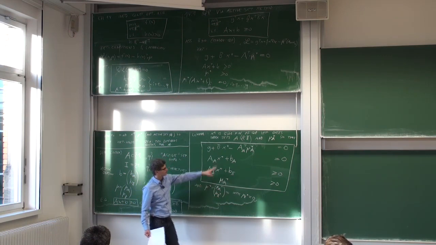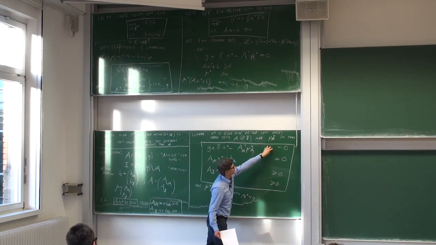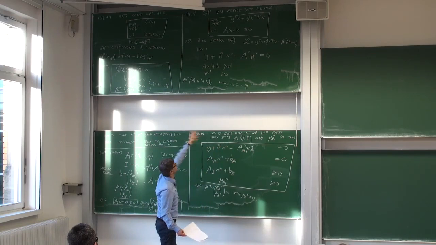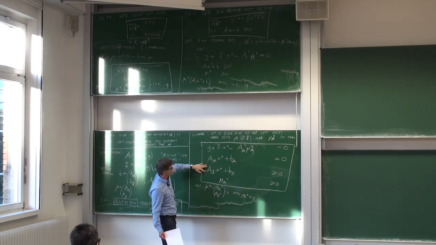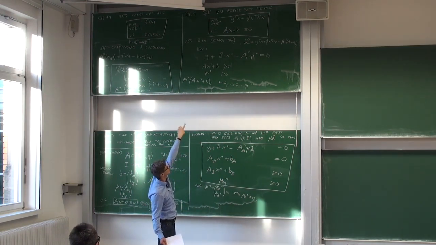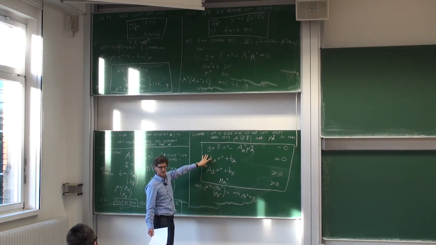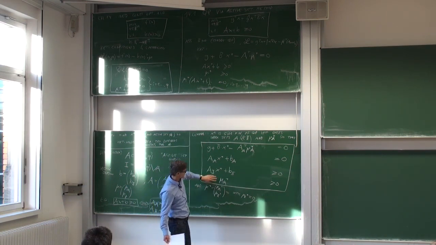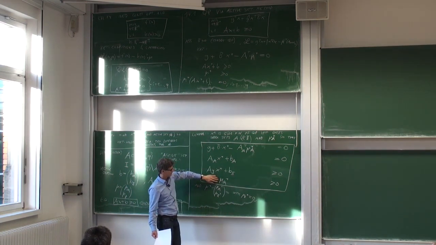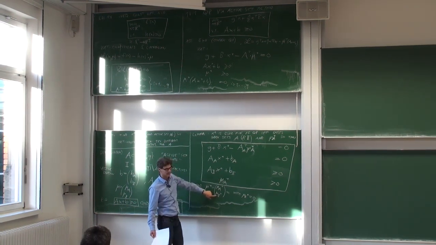And because I extended with zeros, I could also add these zeros here, and then this condition corresponds to the first one. Then this and this together implies that the multipliers are all positive or zero. So the mu A are positive or zero, and the mu I are actually exactly zero.